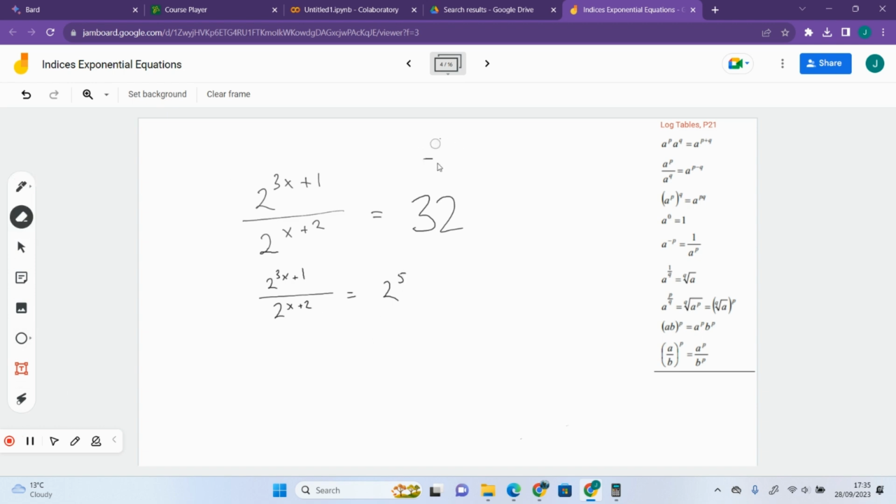So now I've brought everything to the same base. Now I need to find the next step, which is to apply at least one or more of the laws of indices to make this simpler for me. Let's have a look at the left-hand side. I've got something over something else. There's only two of those laws that might work for us.